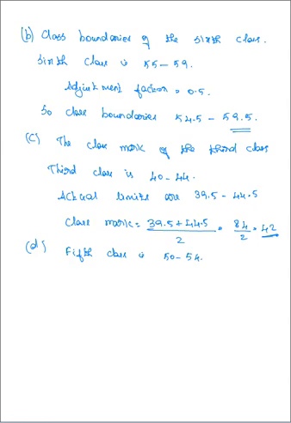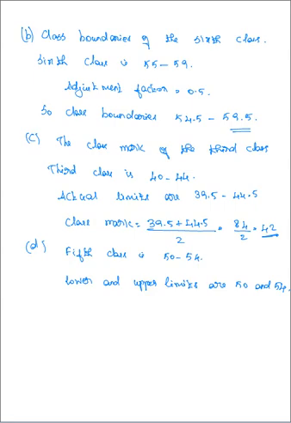So lower and upper limits are 50 and 54. Because here we have written only 50 and 54 because they asked only the lower and upper limits.